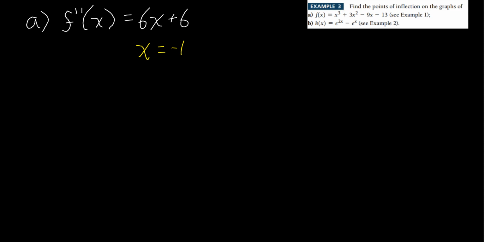Well, what is the y coordinate of that? We're going to plug negative 1 into my original equation, right? We just take the function at that point, and we can figure out where my inflection point is. So I'm going to do some calculator work. We'll put this down here as f of negative 1. Keep in mind this is just f of negative 1, not f prime, not f double prime, so that corresponds with my original equation.